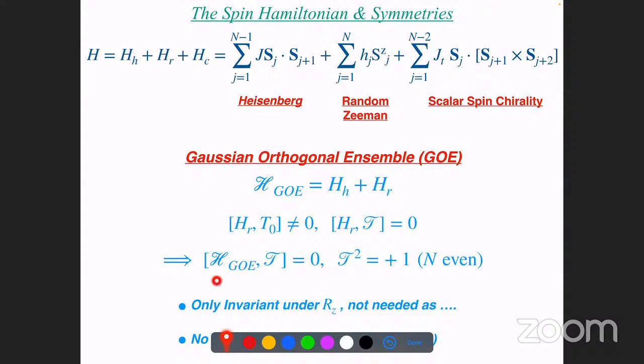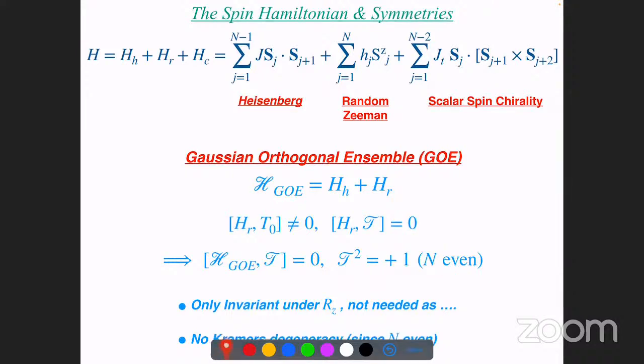Which means that H_GOE defined in this form is time reversal invariant in the unconventional sense and squares to +1, which we can achieve by keeping an even number of sites in the lattice, okay? This is invariant under Sz, but that is not necessary, as we have seen, because if it obeys time reversal symmetry, you don't need any other spatial symmetries. And there is no Kramers degeneracy because N is even.